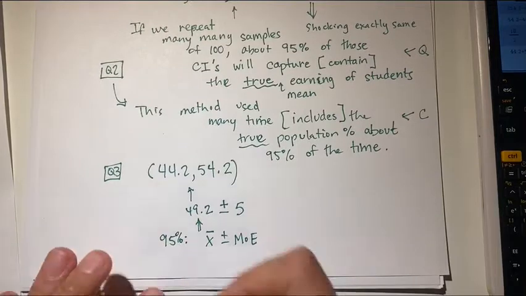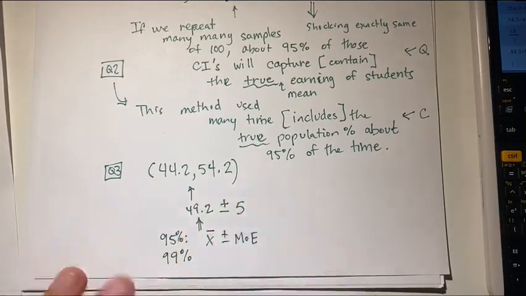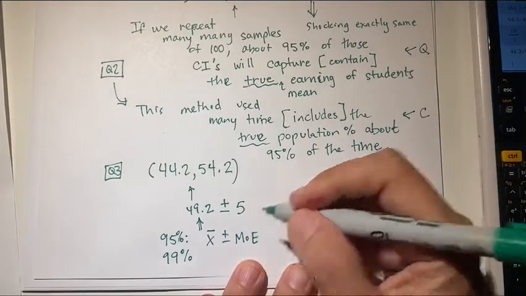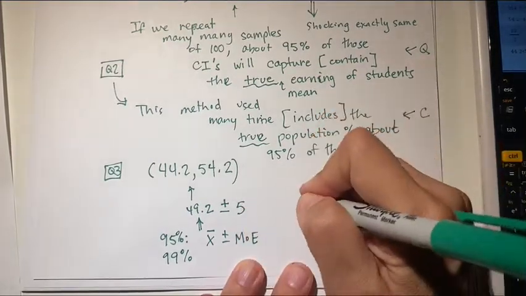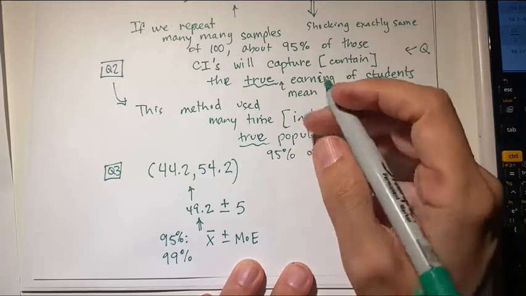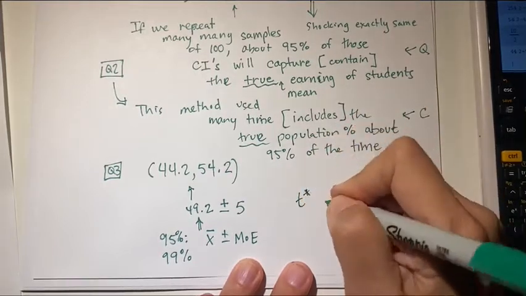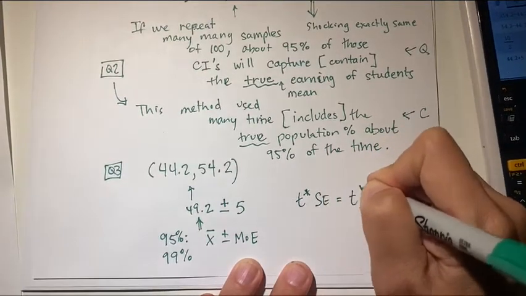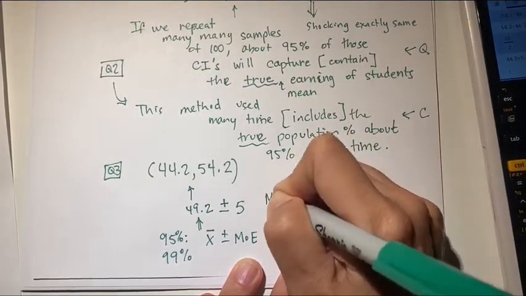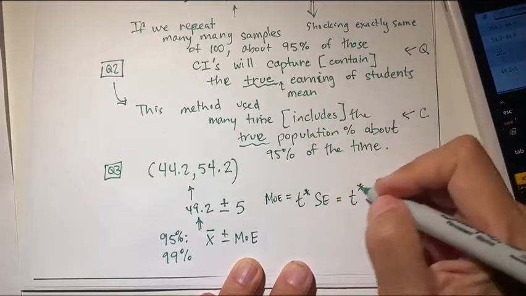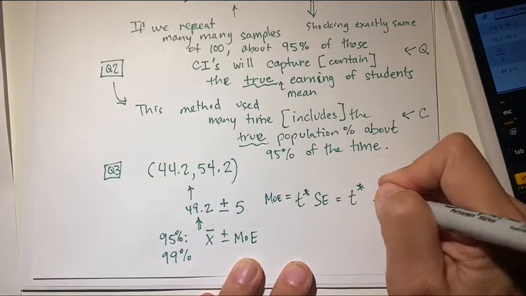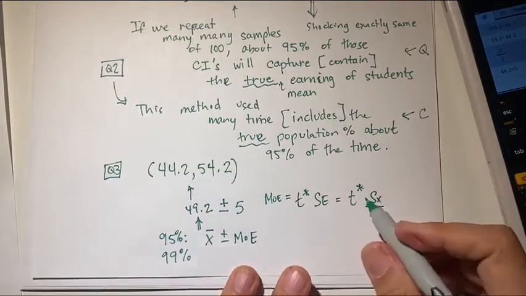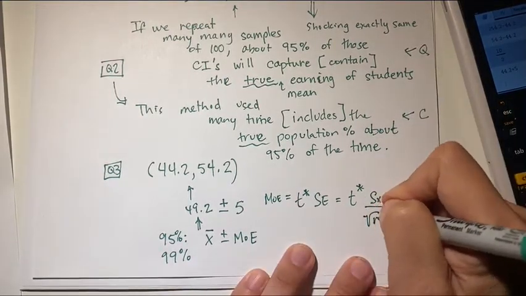So what would happen if instead you did it at a 99% level? There's really nothing different in the formula. The margin of error calculation would be your Z star or T star times the standard error. The standard error is your standard deviation of your sample, or sigma if you have it, over the square root of n.